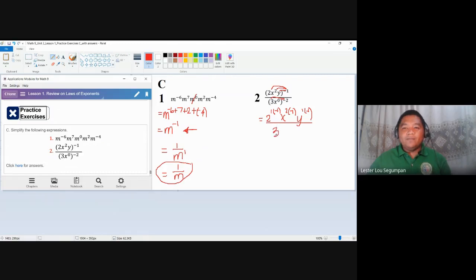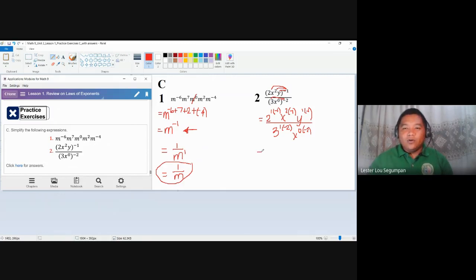So you have 3 to the power of 1 times negative 2, and then x to the power of 0 times negative 2. Using the power rule, we are now multiplying exponents.